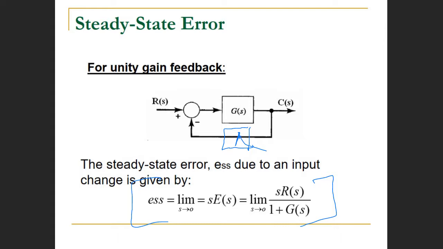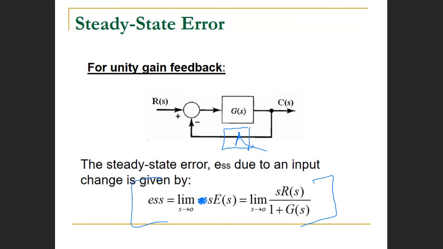Let me cross this out. So this needs to come out. All right. So the steady state error is the limit of S times E of S as S approaches 0. That's the steady state error.